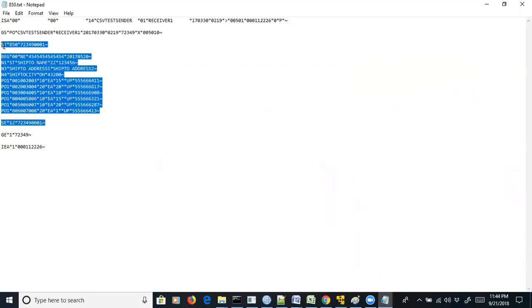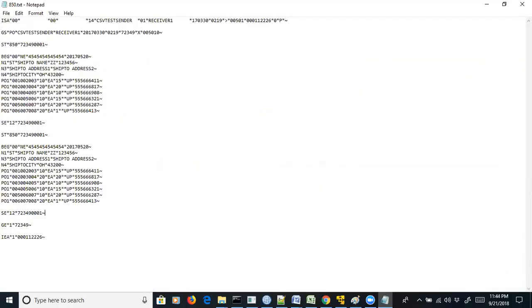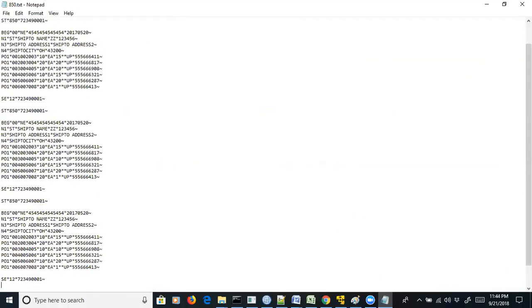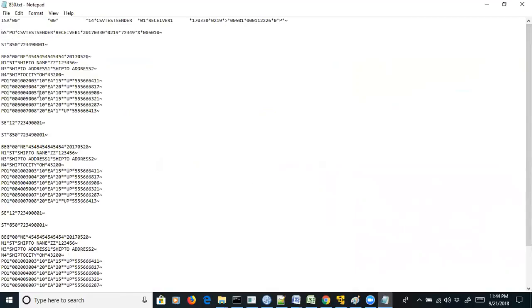But this file could be something like this. This multiple thing, the one that you copy pasted, will happen if you have multiple purchase orders.